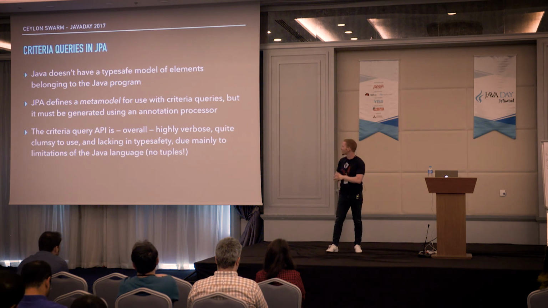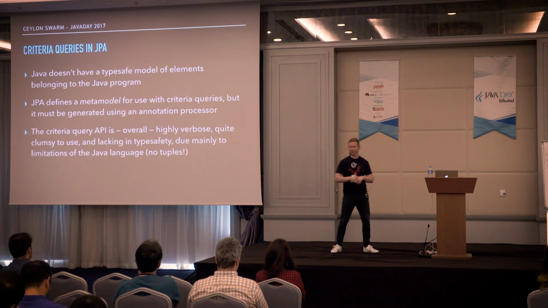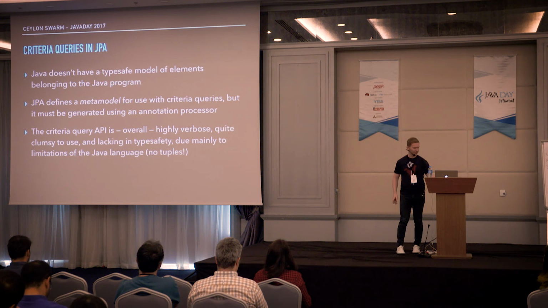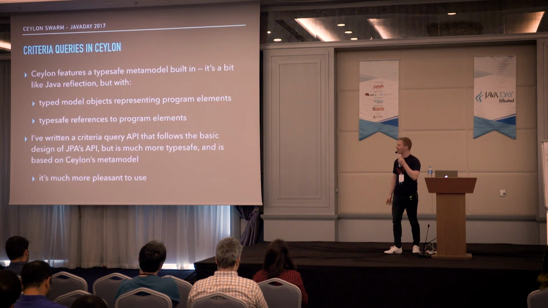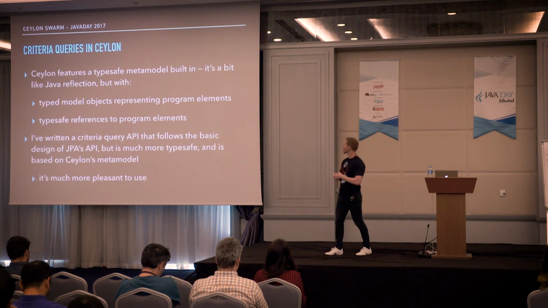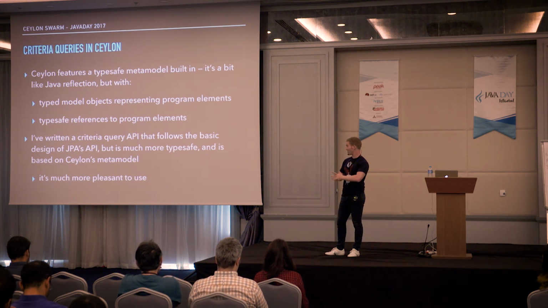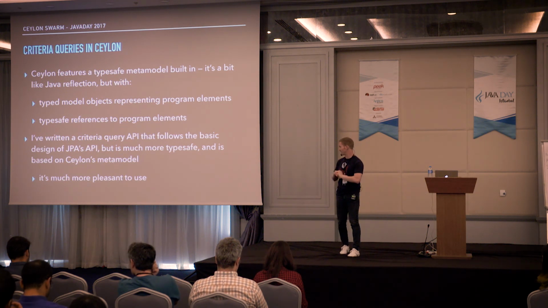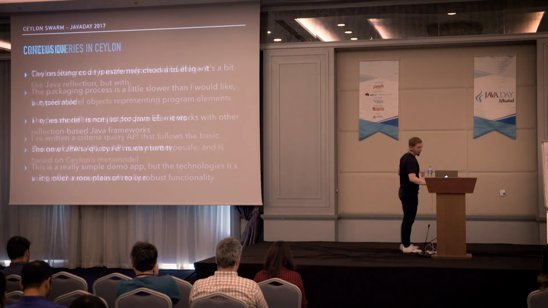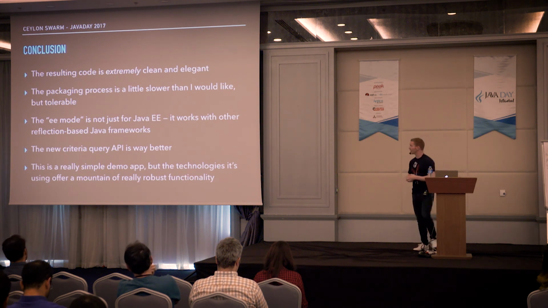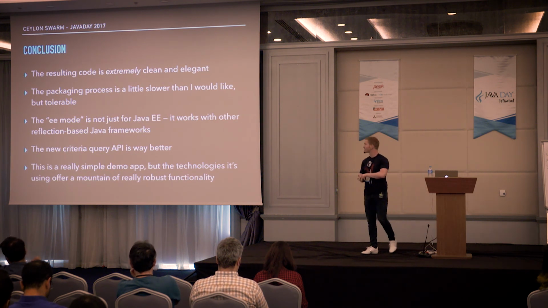That kind of works, but it's a pain, and the criteria API is overall pretty verbose and difficult to use. Because Ceylon has this type-safe meta model built in, we don't need that, and so I've recently designed a criteria API that follows the basic design of JPA's criteria API, but is much more type-safe and much more pleasant to use. Ultimately, the resulting code is very clean and elegant.